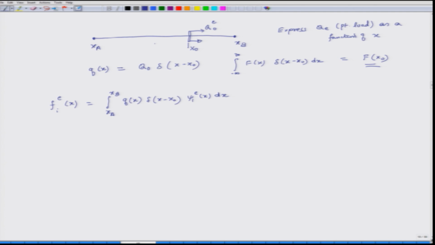This is how I calculate my f vector. If there was a distributed force, then there would be another component, but I am just ignoring that, because I have to worry only about this.